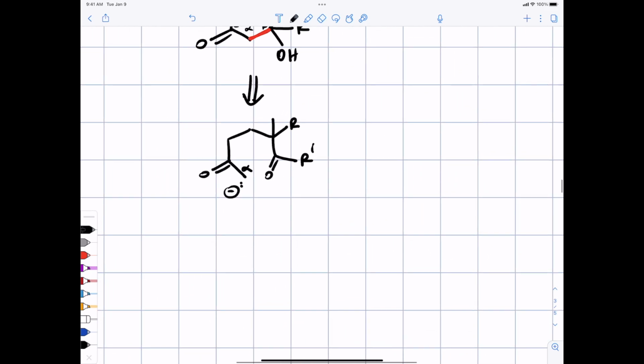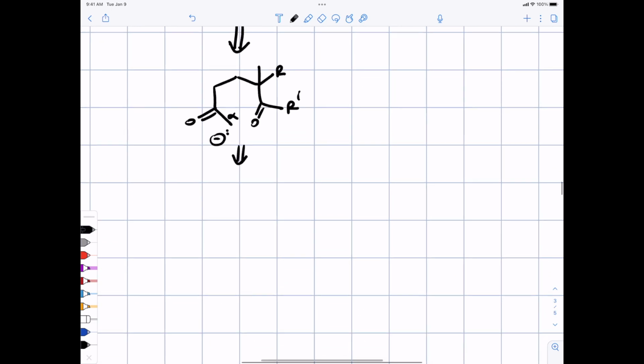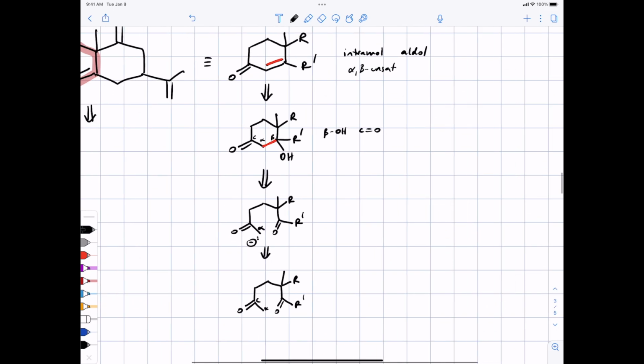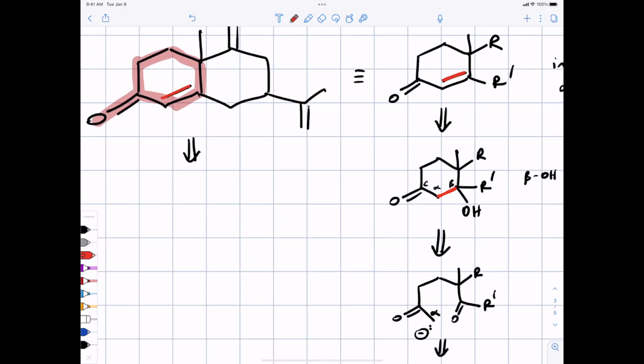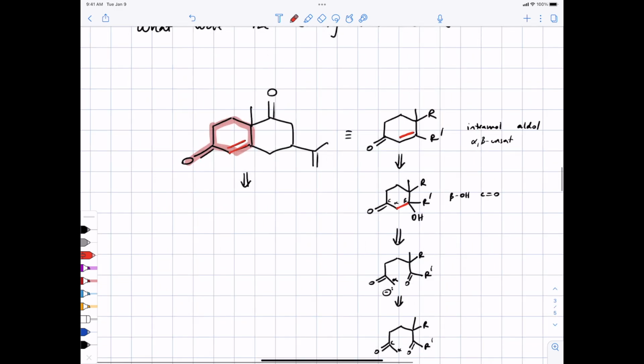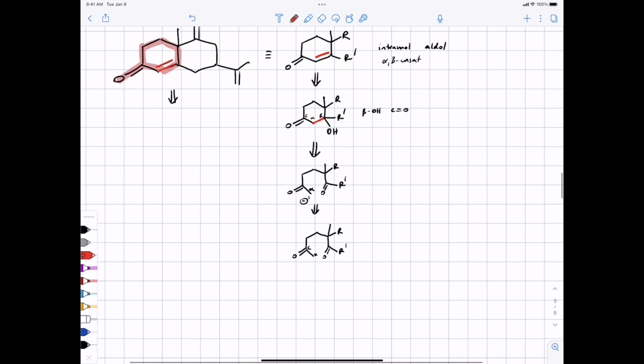Then if you want, you can just erase the negative charge, or you can draw the neutral precursor to that intramolecular aldol reaction. So we've accounted for, in our final product, 2 bonds so far. We've thought backwards from an intramolecular aldol product to the aldol starting material.